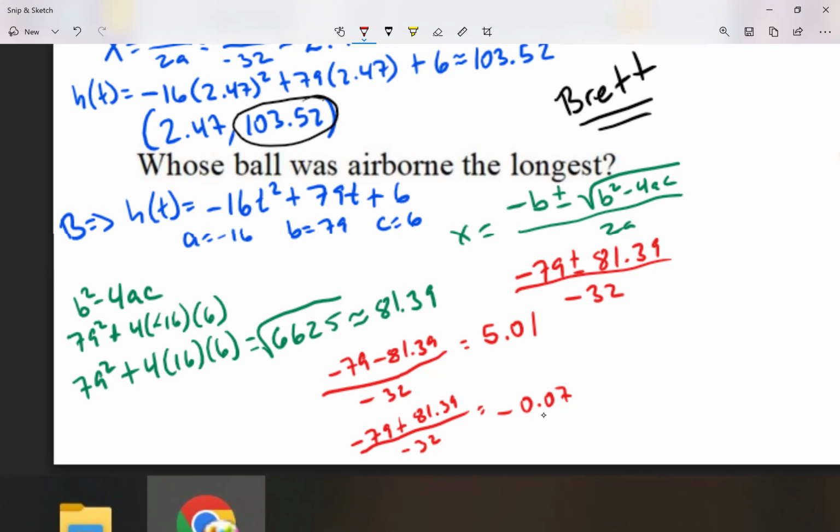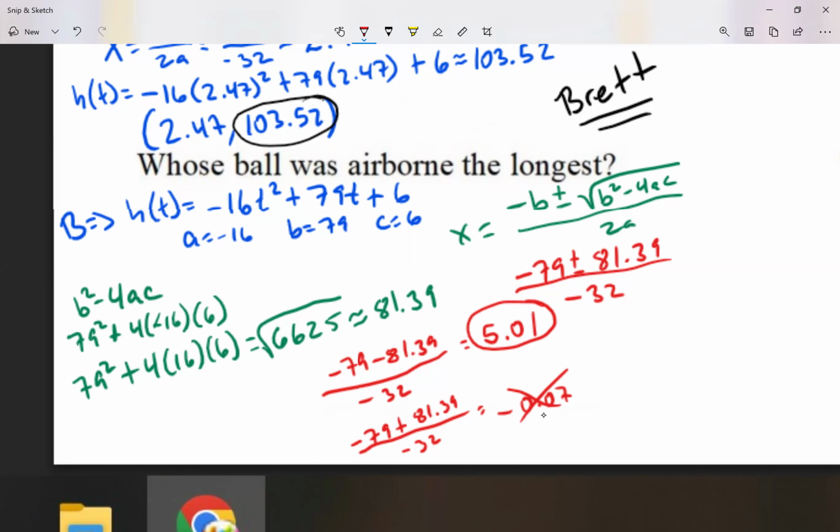So it hit the ground before he threw the ball. That's what the negative means. That one doesn't make sense, right? It cannot be on the ground before you throw it. So we're not going to accept it. I'm going to say Brett was up in the air for 5.01 seconds. The negative, I'm not going to accept it. There's no such thing as it hitting the ground before I threw it.